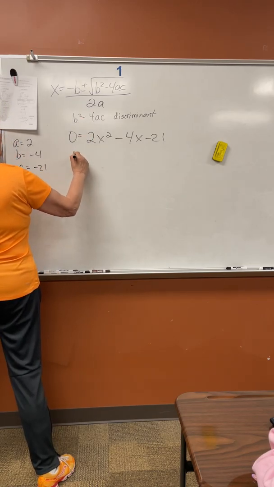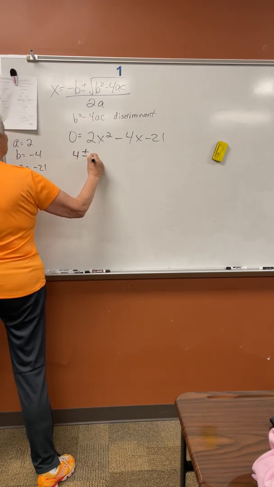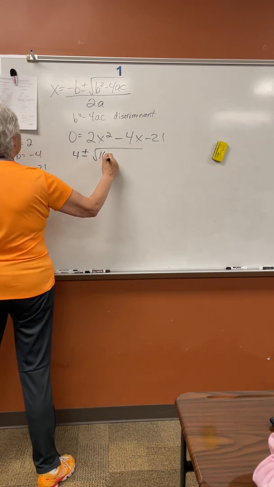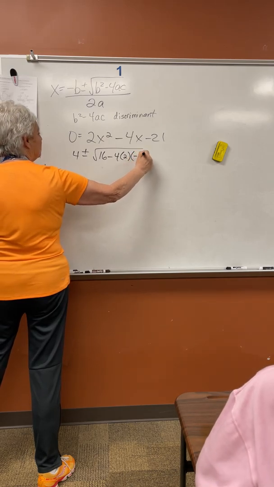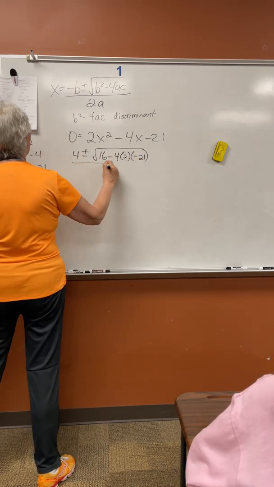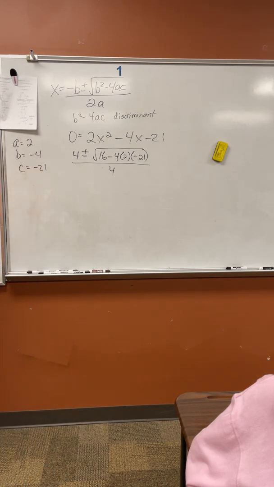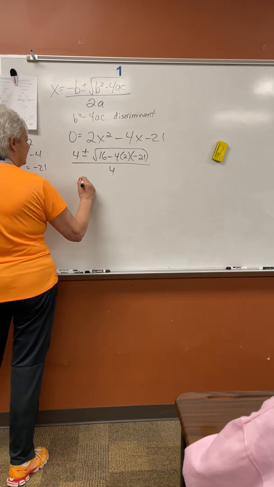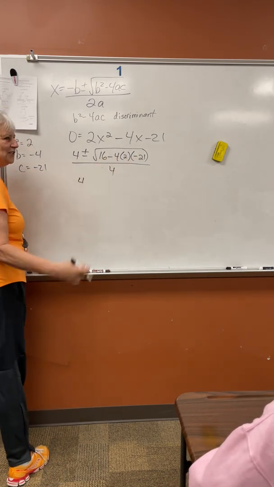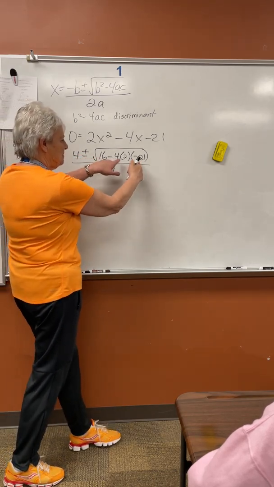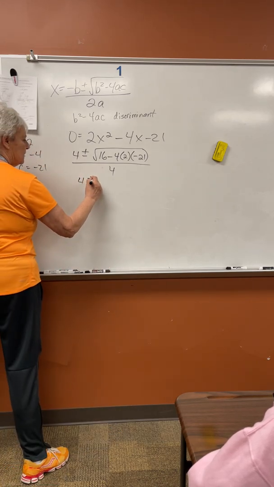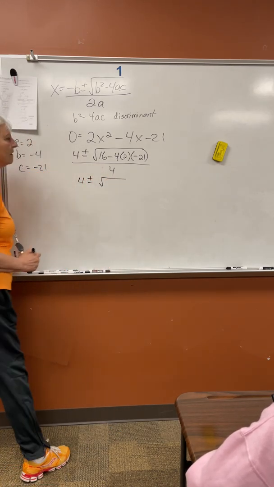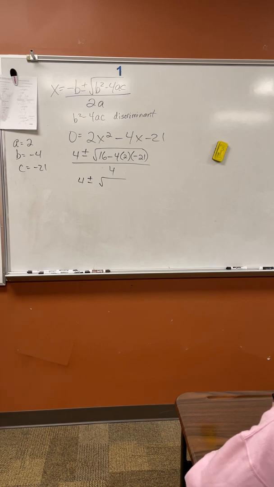Opposite of b, plus or minus the square root of 16 minus 4 times 2 times negative 21, all over 4. What do we get inside there? This is the only time I would use a calculator, maybe just for this part. What do we get? 168. Oh, wait, we got 180. I think it's 184. Yeah.